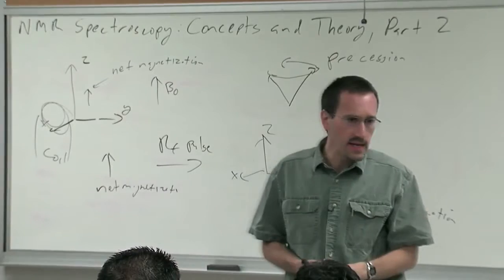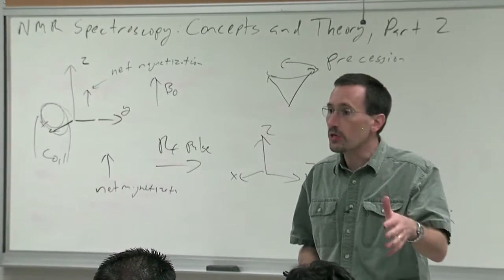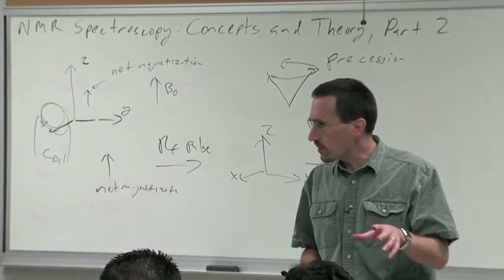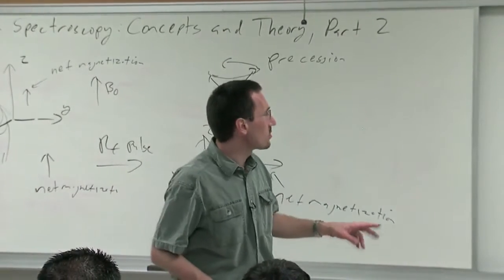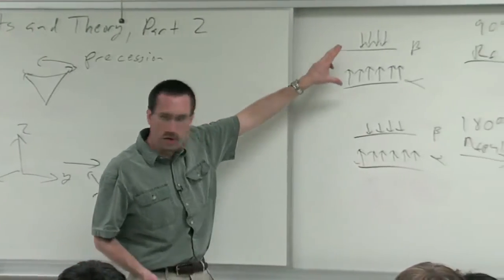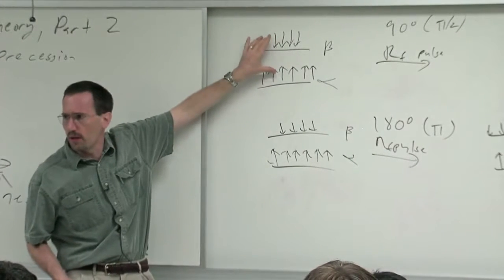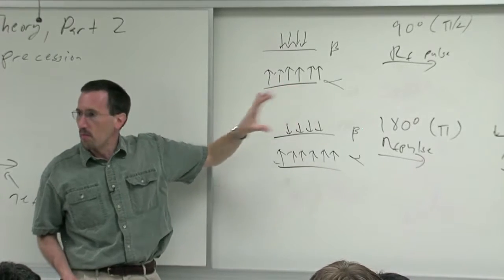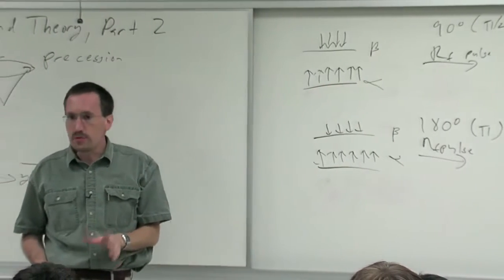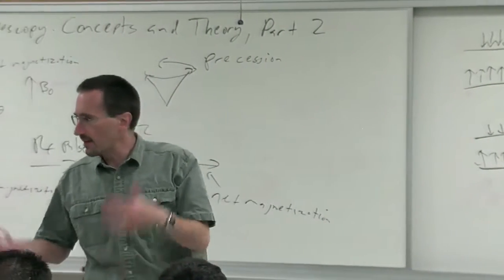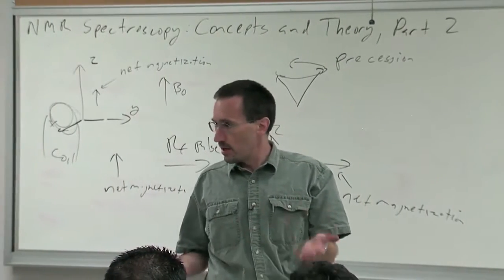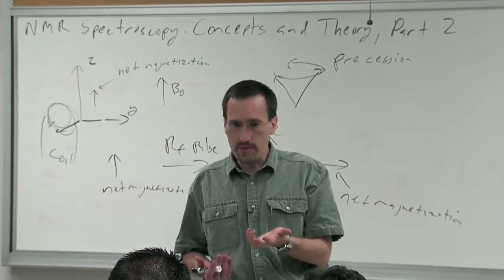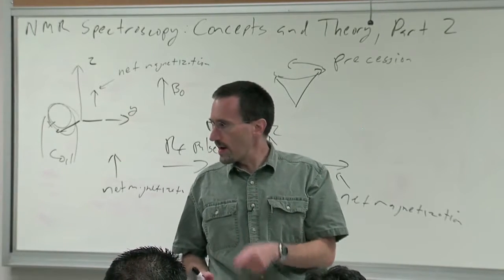So when we get into techniques like HMQC, which is a 2-dimensional technique, one of the tricks of this technique is to transfer the larger but still minuscule population difference from proton to that of carbon. But again, what's damning is you never can get away from the fact that out of 2 million protons at 500 megahertz, there's no way to exceed that.